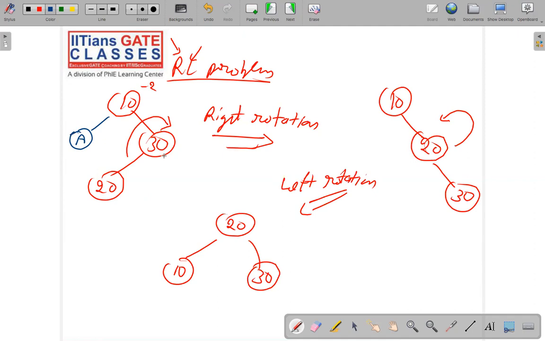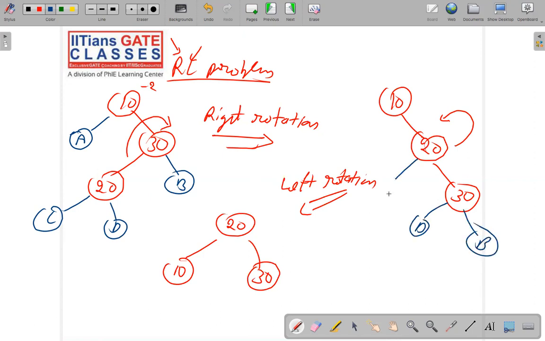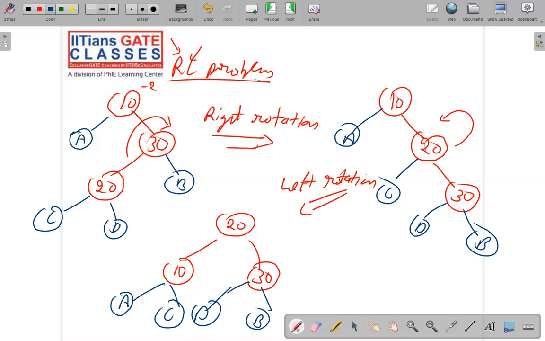So here we have A, B, C, and D. After this rotation, the D will come here. B will come here. Here we have C, and A will remain at the same position. Once we do this rotation, A will come here, C will come here, D will come here, and B will come here. So this is how to solve the RL problem.